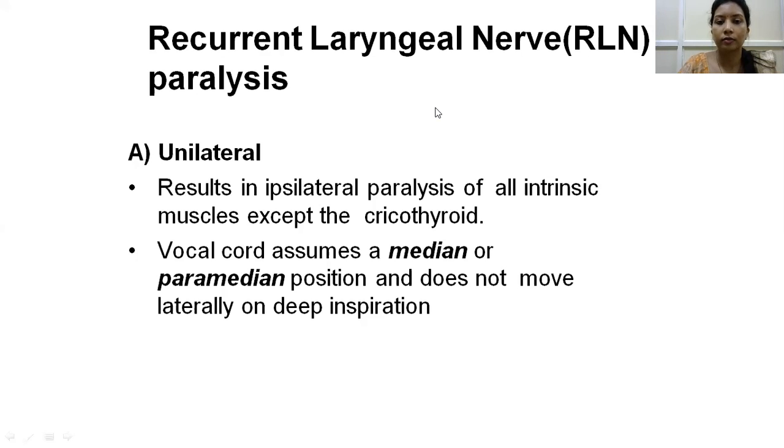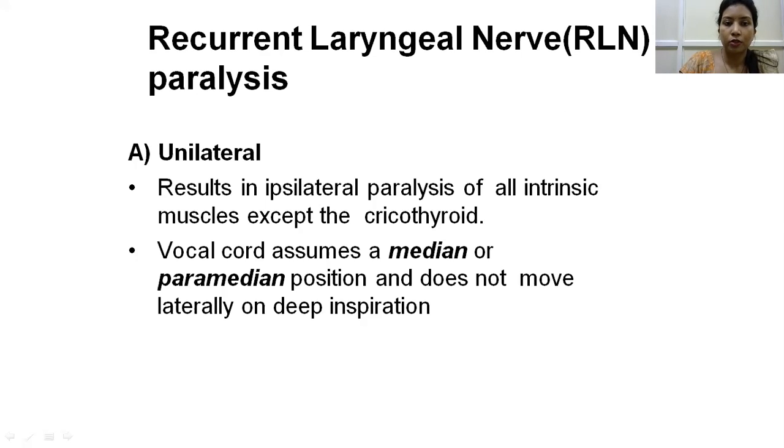Cadaveric, very good. That is the third one: median, paramedian, cadaveric, and there are two more. Okay, very good. At least one of you is awake. I'm happy to hear that. Slight abduction, very good. And full abduction, very good.